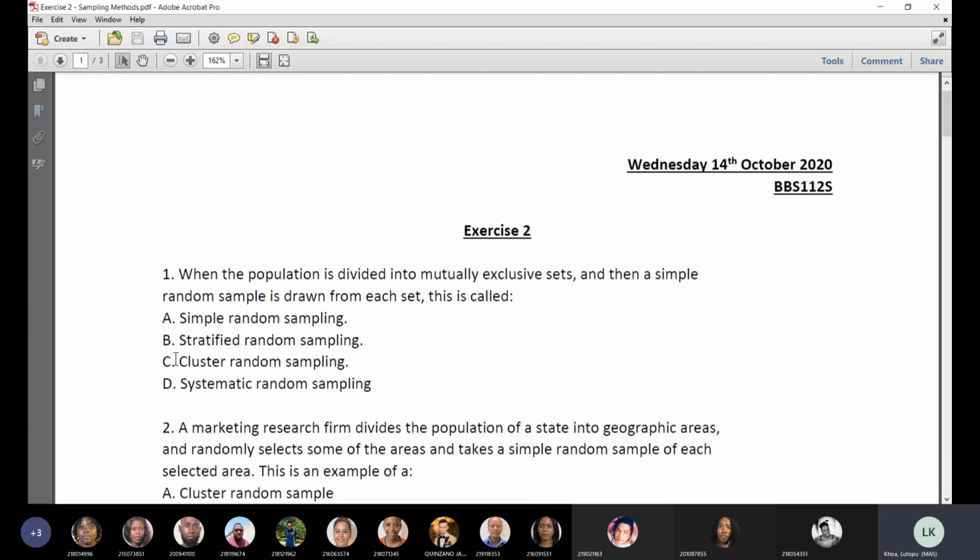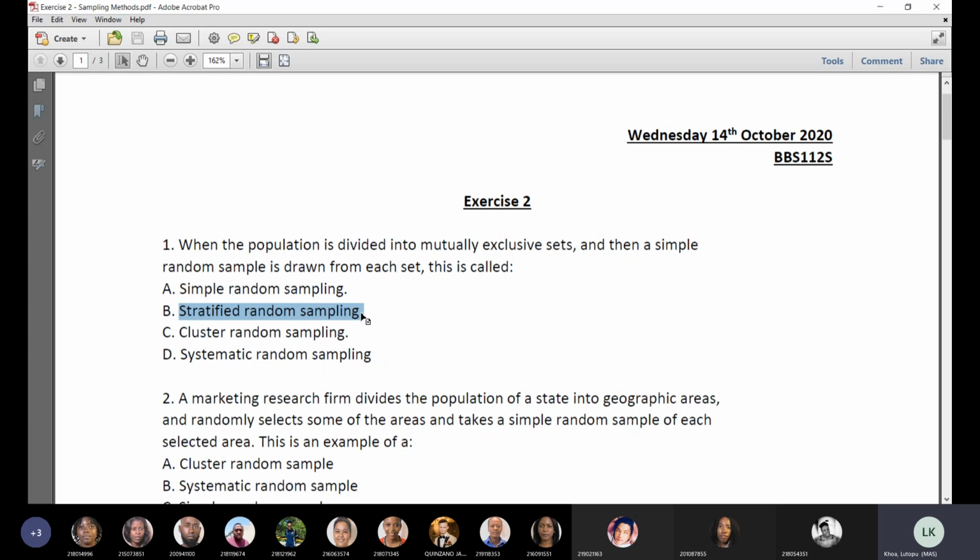Okay, so this one here, number 1, would be a stratified random sample. The reason this is stratified instead of cluster is because with cluster, we do have mutually exclusive sets, but we also randomly select the clusters. So first we randomly select the clusters and then select inside the clusters.